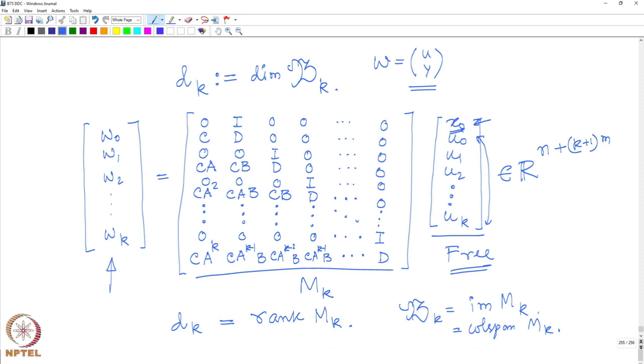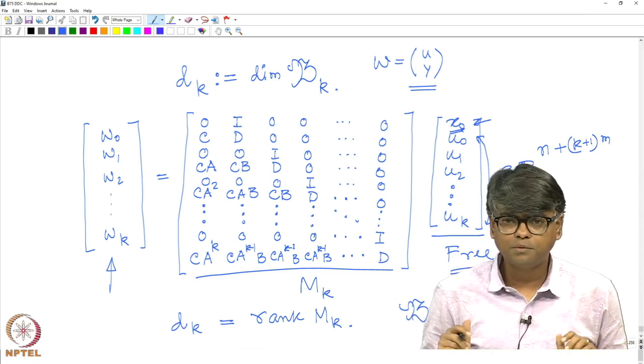I am not claiming that the image will remain the same, that is not the idea anyway. But because I am interested only in finding the rank of this matrix, I can do those row operations even when the column span will change.